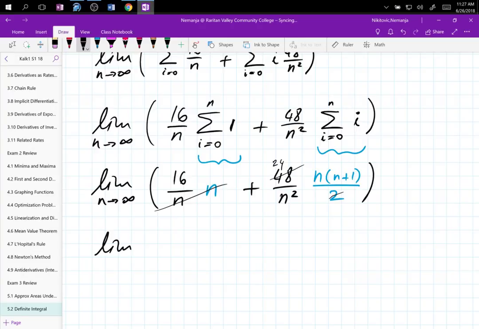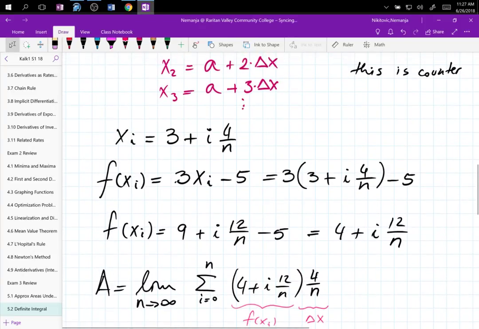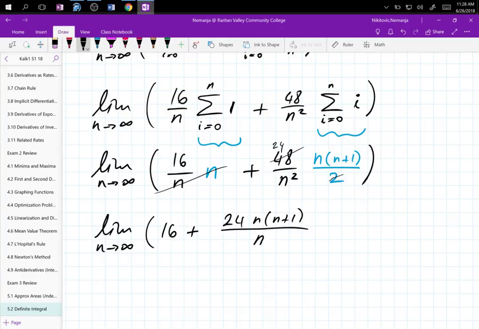So I have limit n goes to infinity of 16 plus 24 times n plus 1 over n squared.